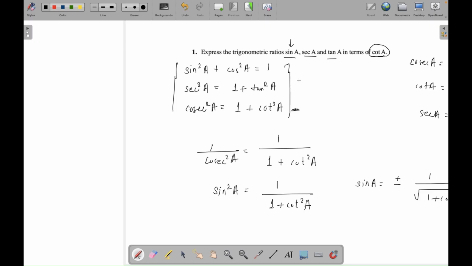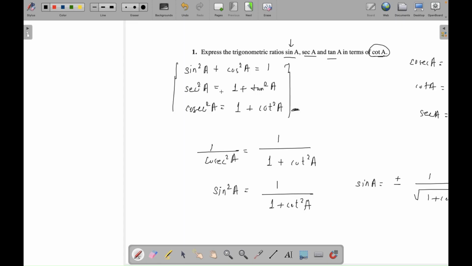Then we have sec A and cot A, right? Again, we have one of the identities that relates sec A and tan A. So when you have cot, it means you can use cot and tan interchangeably. So we'll just use this.